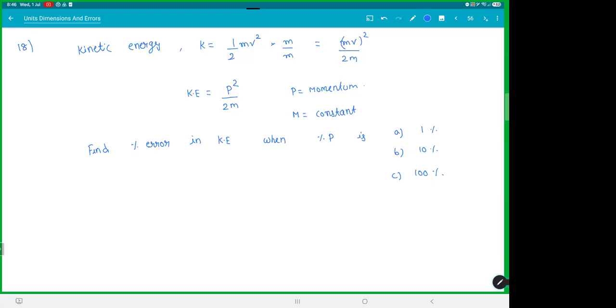If the error in momentum is 1%, 10%, 100%, then what is the error in kinetic energy? Everyone should try.